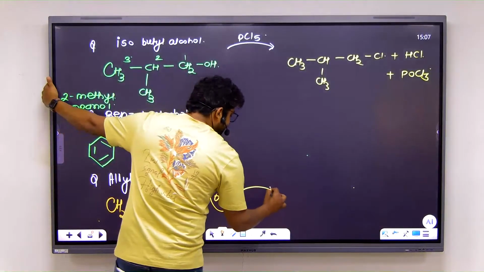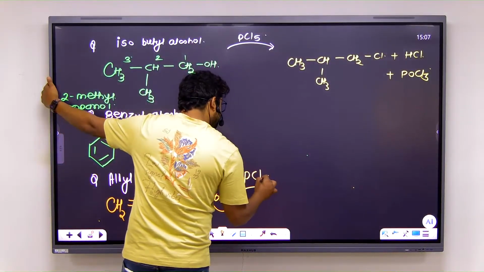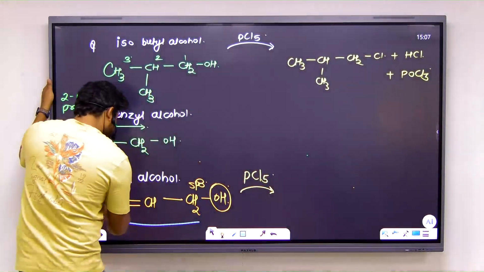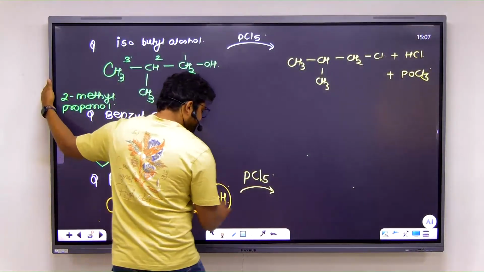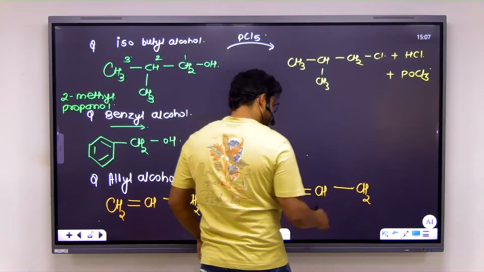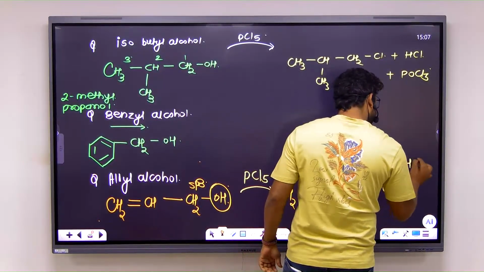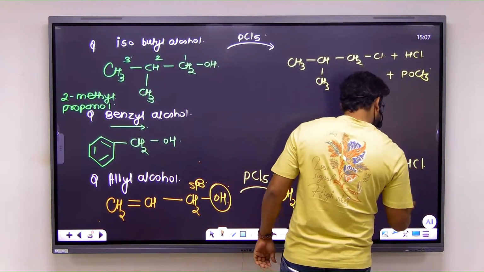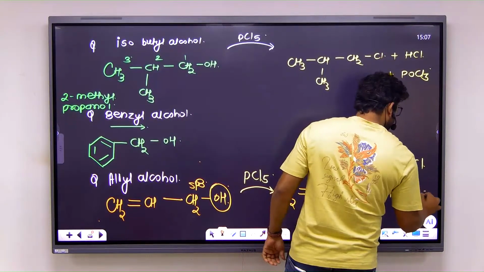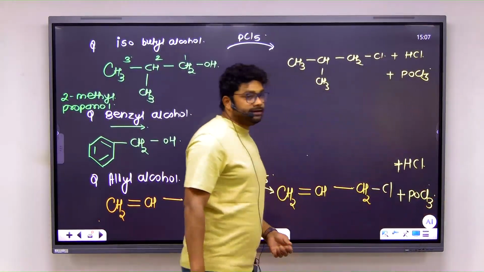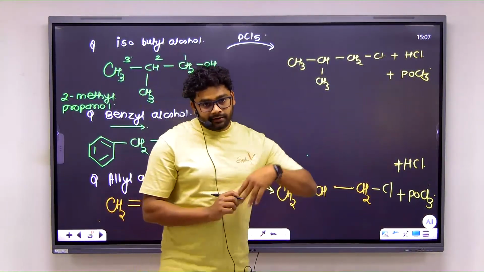The last one is allyl alcohol, again with PCl5. You are going to replace the OH group by Cl, right? And the byproduct is HCl plus POCl3. What is the name of POCl3? Phosphoryl chloride.